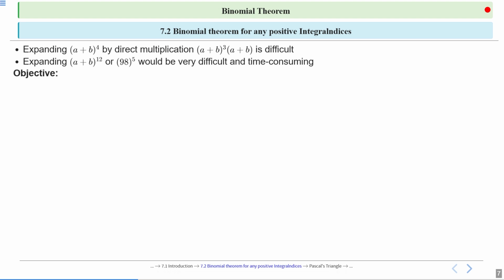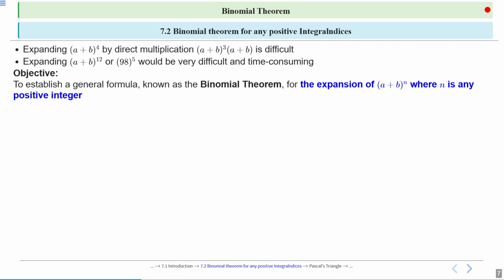So now we will see some objectives. Our objective today is to establish a general formula known as the binomial theorem. The binomial theorem provides a systematic way to expand expressions of the form (a + b)ⁿ, where n is any positive integer, and this will greatly simplify our calculations.